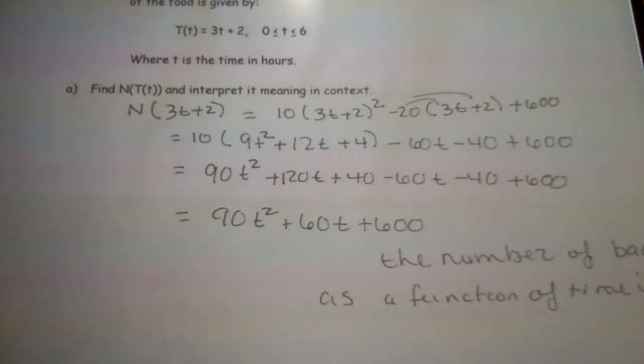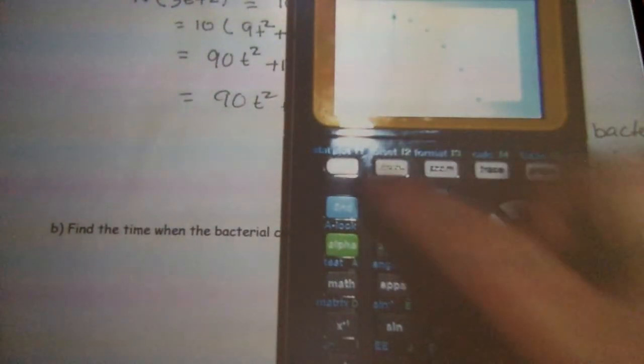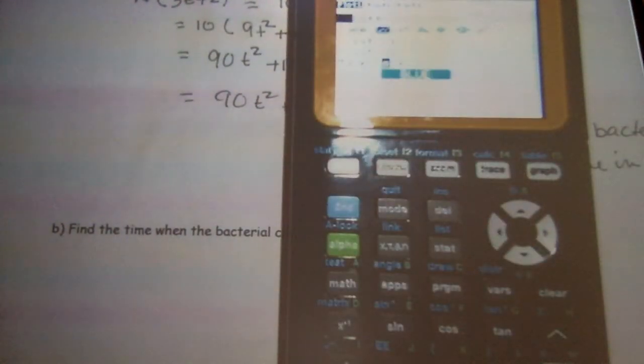Alright, B. In order to solve this, we could use the quadratic formula, but we are now pre-calc students, so we are going to use our graphing calculators to find the time when the bacteria reaches 1,500. So what are we going to do? We're going to go to y equals. First of all, if you have a stat plot on, turn them off.